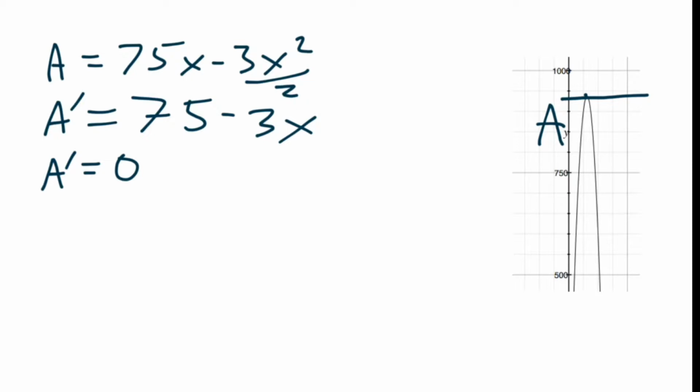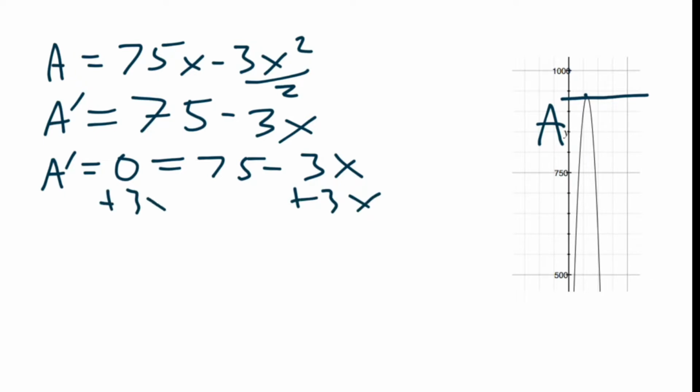But if you want, you can just ignore that and say 0 equals 75 minus 3x, and then go ahead and solve this. I'd add 3x to the other side, and now we have 3x equals 75. And you get that x equals 25. So 25 times 3 is 75.